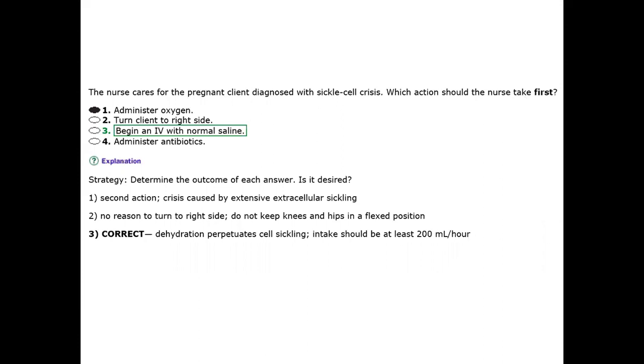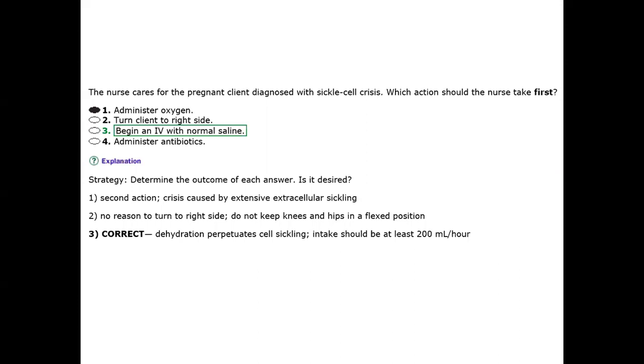Give them water, hydration. Hydration can prevent it. So administering oxygen is not the choice, because I need to hydrate my patient.